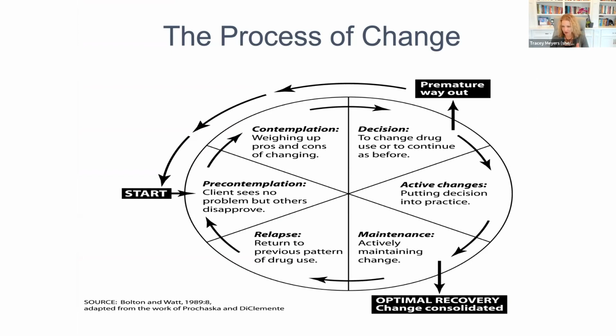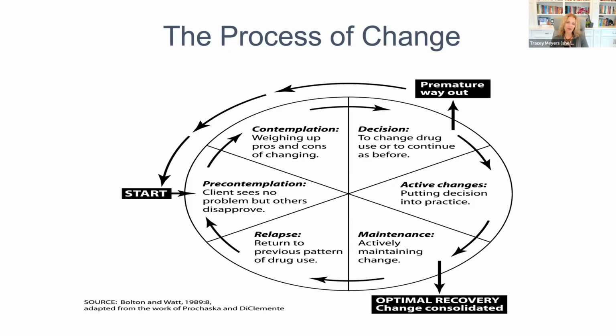Then I'm going to stop using, this is how I might do it. Then actually putting those practices into a daily lifestyle, and then maintenance. And we see that many people relapse with substance use, and the cycle can take quite a while for optimal change to happen. But most people are somewhere in this process of change.